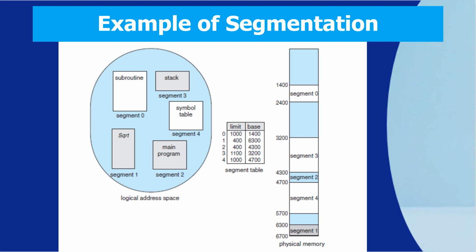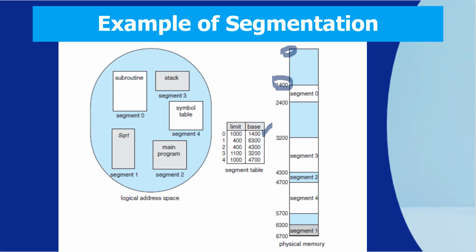Addresses will start here. This is address 1400. Segment 0 starts at 1400, that is, base address is 1400 and the limit is 1000.